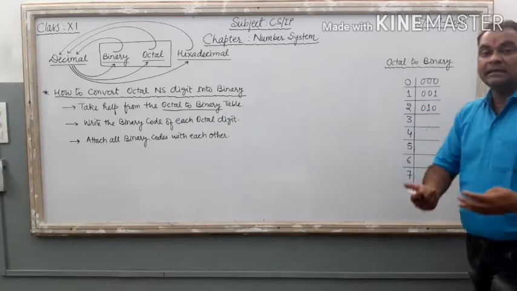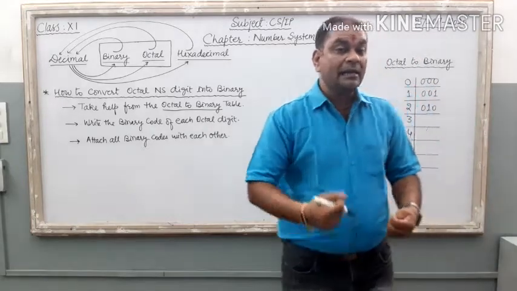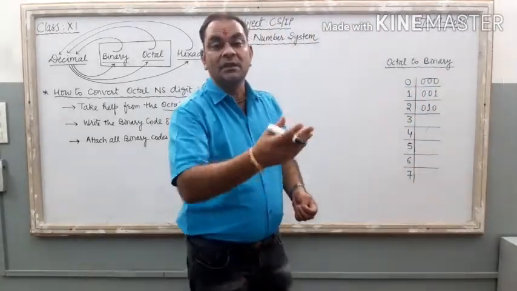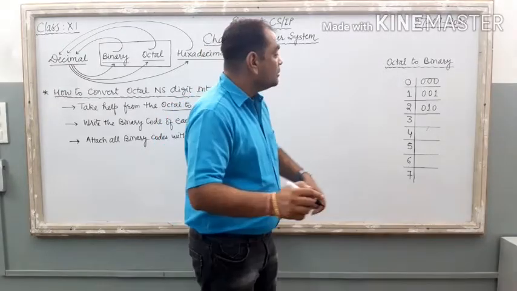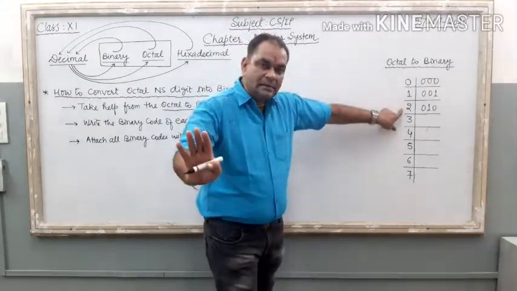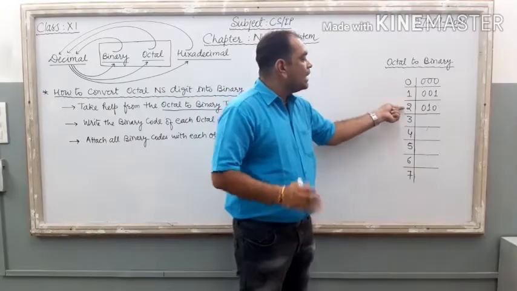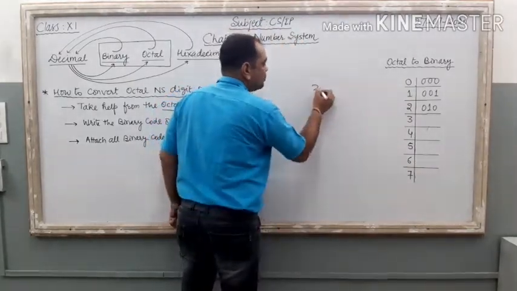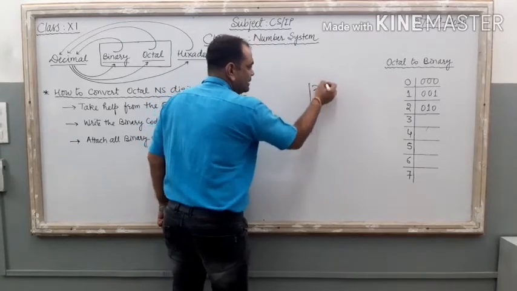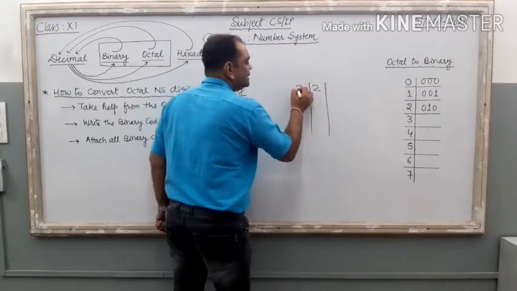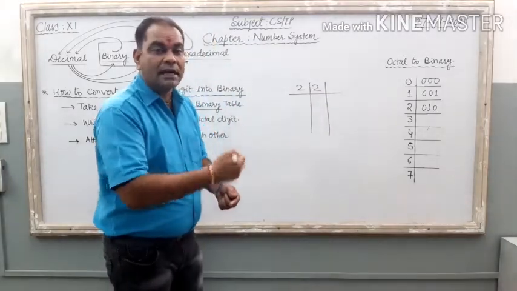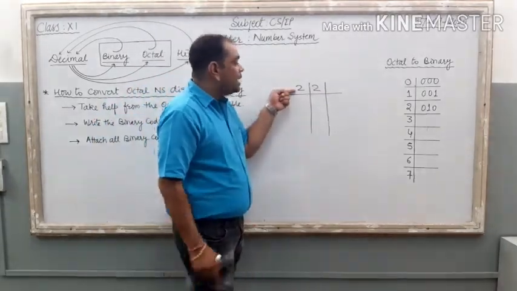Now the point is, how can I decide that the binary code of 2 is exactly 010? How do we know this? Just see, 2 is a decimal number, and we are going to convert a decimal number into binary. Write this 2 inside 2 vertical lines and divide it by 2, because the base value of binary is 2.